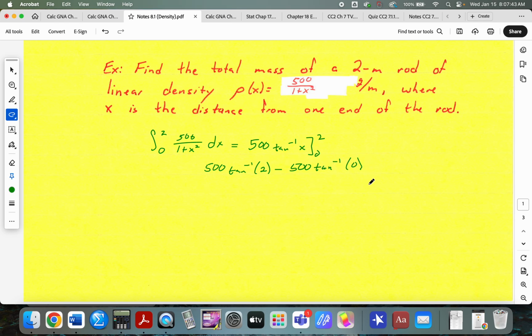And that's where the problem starts. Tangent inverse of 0 is no big deal. I know that that's 0 because tangent of 0 is 0. But tangent inverse of 2, I haven't the slightest idea. So that's where we'll grab a calculator.